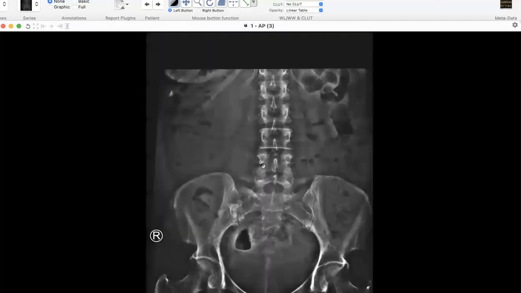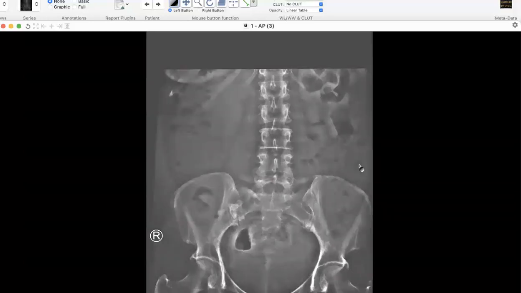So this is a youngish female patient presented with gross abdominal distension and pelvic pain.